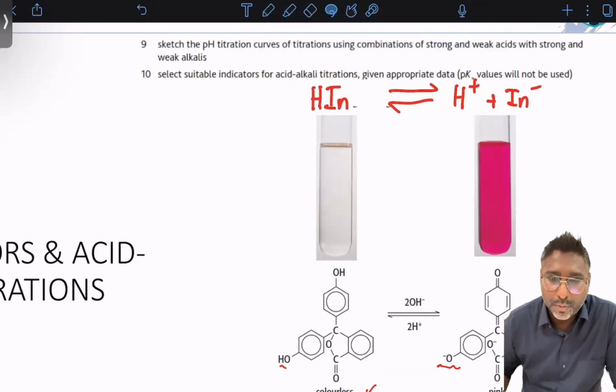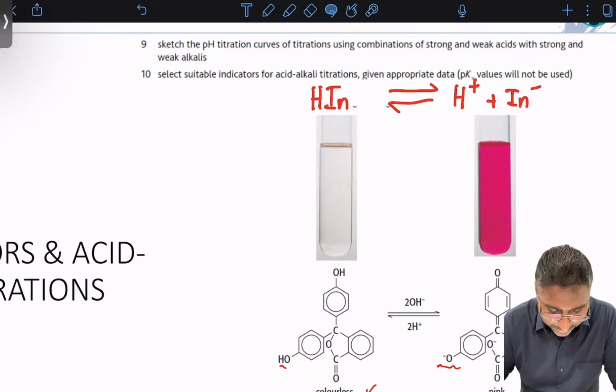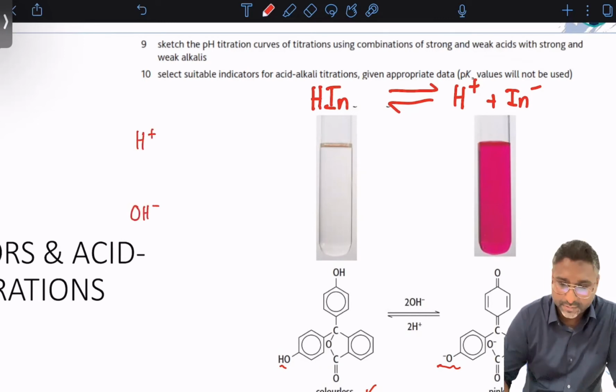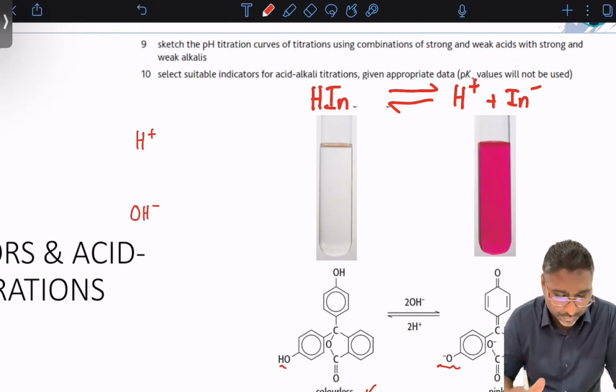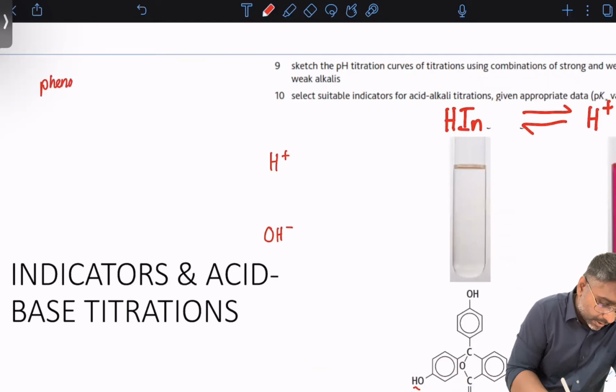Now when I use this phenolphthalein, when I have H+ and when I have OH-, I want to check whether you know the phenolphthalein color change. Recall, when it is acid, what is the color?